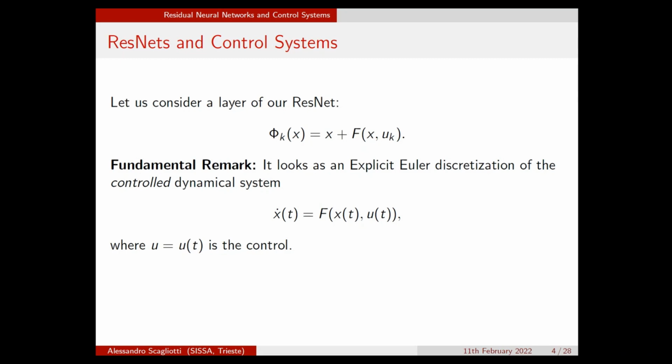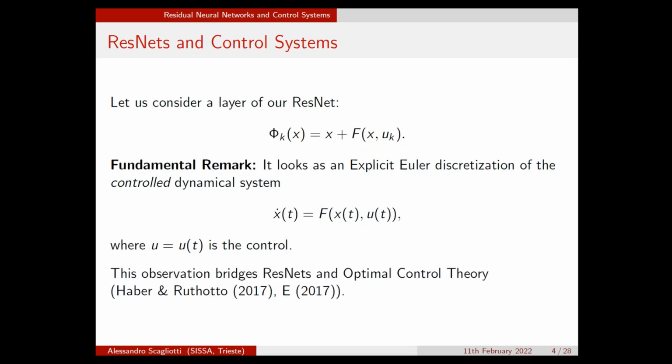This kind of dynamical system, in which we have a parameter that can be set instant by instant, is called a control system. And the function that instant by instant specifies the value of this parameter is called the control. This very simple observation was made independently in 2017 by Haber and Ruthotto and by Weinan E, and essentially it bridges the world of residual neural networks and more generally of deep learning with the world of optimal control theory.